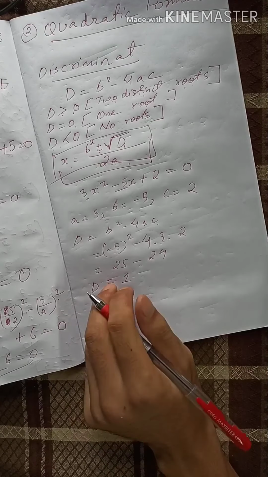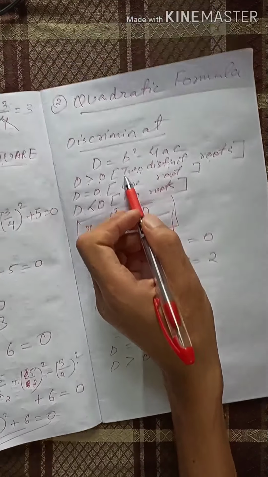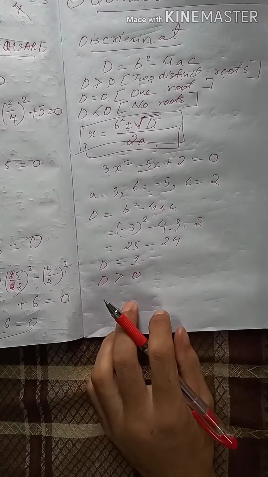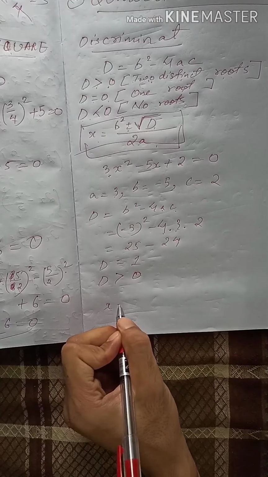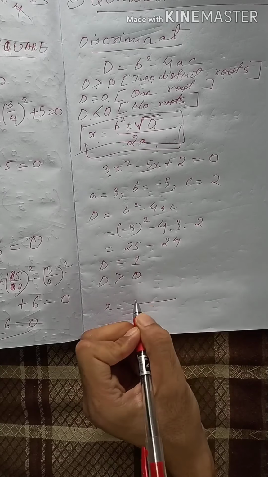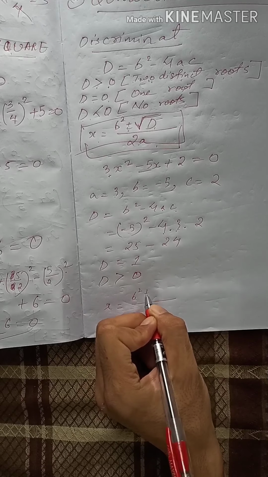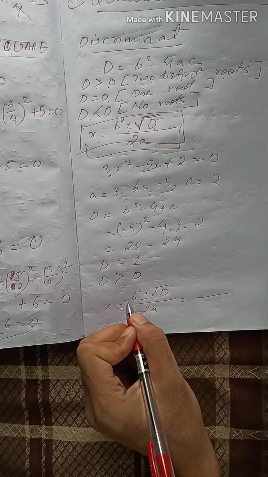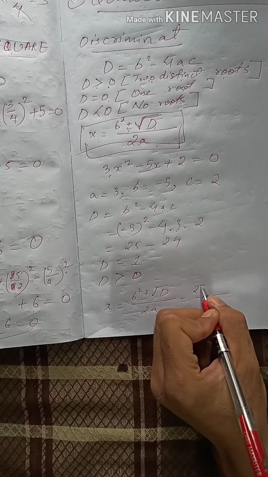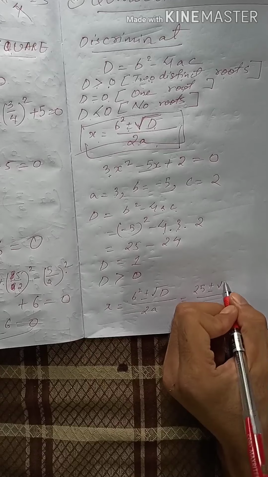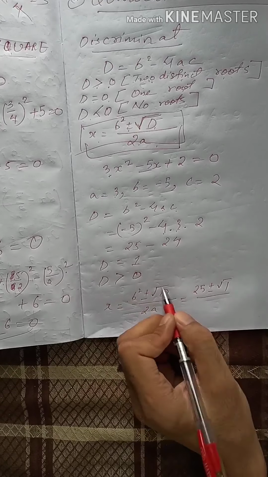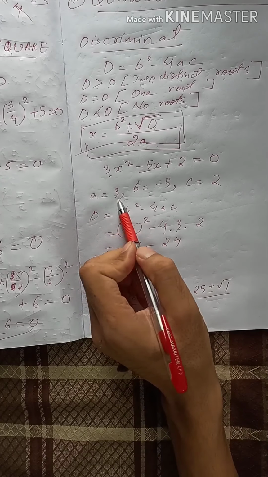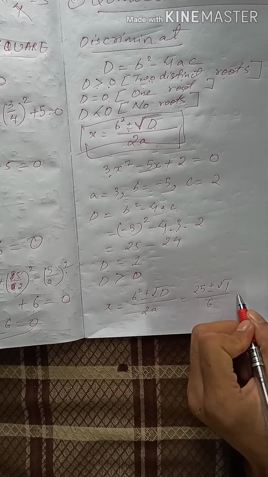So discriminant is greater than 0. If the discriminant is greater than 0, how many roots will we get? We'll get two distinct roots. So that's how we find out. Now we can apply the formula. X equals minus b plus minus square root of D by twice a. Minus b will give us 5 plus minus square root of D, which is 1, by 2a. 2 into 3, a is 3, so 2 into 3 is 6.